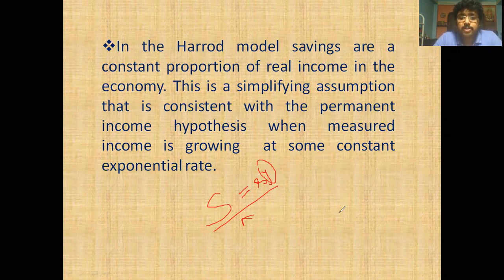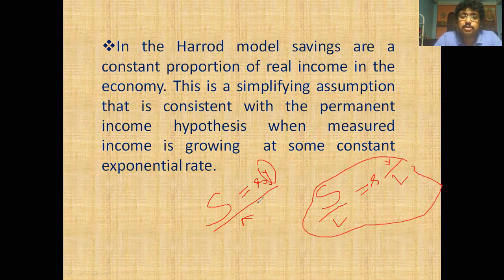But you should remember that S by L equal to small s times Y by L is applicable in the Solow model of economic growth. This is the basic difference between the two savings functions. Here total savings is represented; here, savings per head, real output per head.